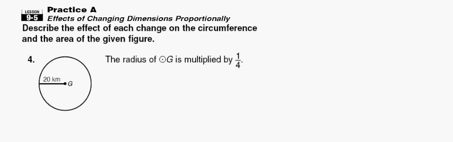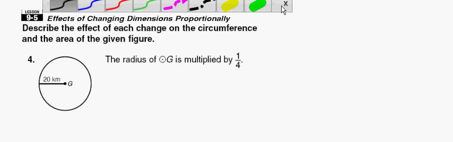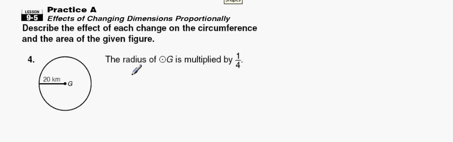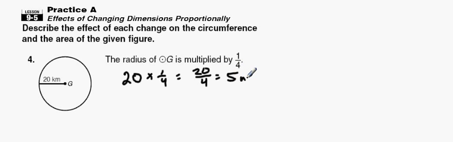Okay. Number 4, describe the effect of each change on the circumference and the area of the given figure. So here I have the radius is multiplied by 1/4. So if I take the radius being 20, and I multiply 20 by 1/4, that is the same as 20 over 4, which is 5. So my new radius is actually smaller.